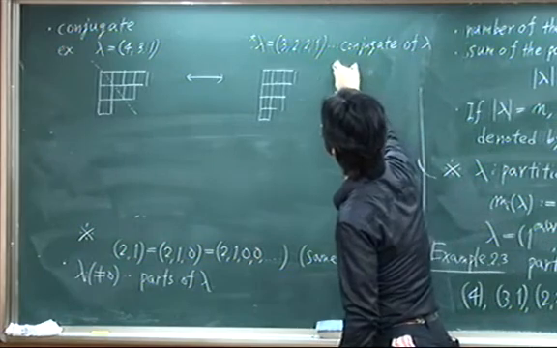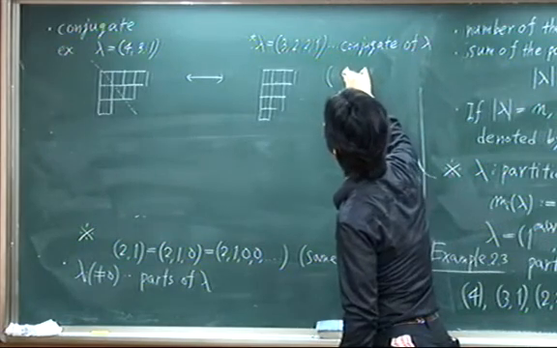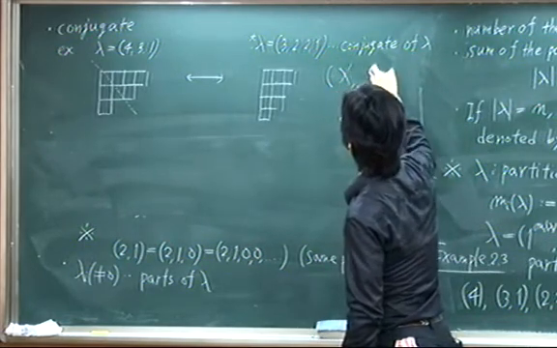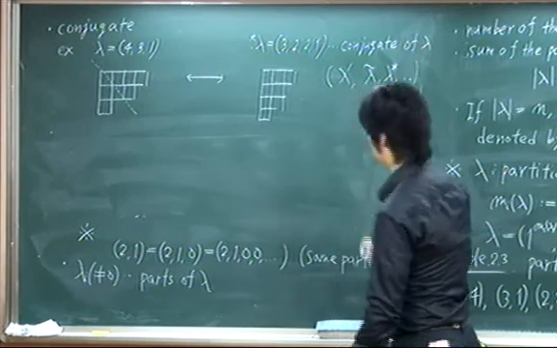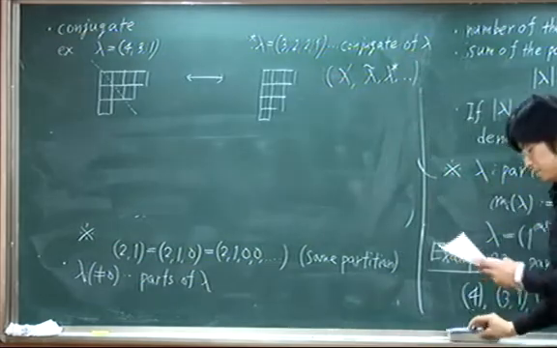The conjugate partition is sometimes denoted lambda prime, lambda tilde or lambda star.